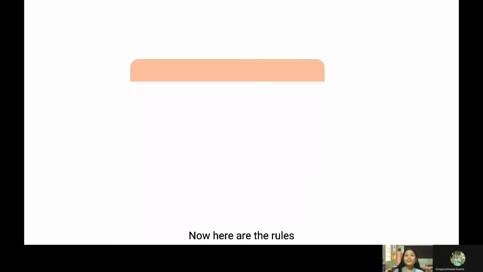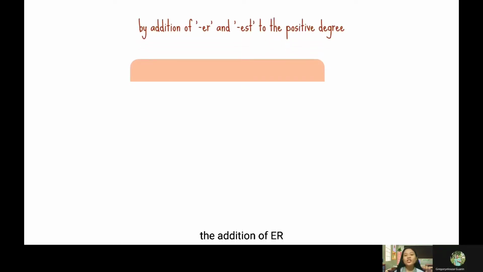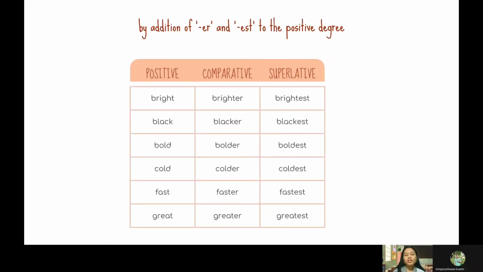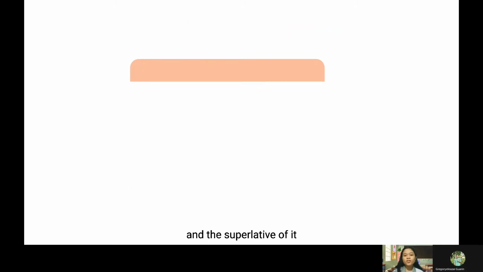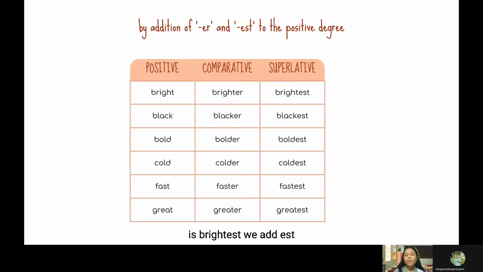Now here are the rules. The addition of ER and EST to the positive degree. Here are some examples. The positive word bright, and the comparative of bright becomes brighter. We will add ER for comparative, and the superlative of it is brightest.